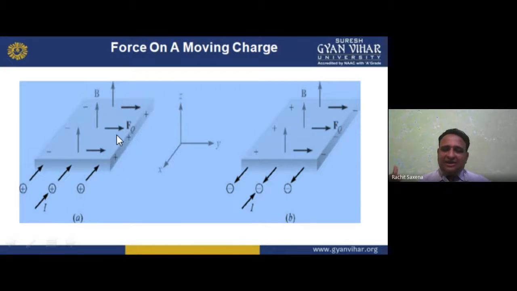So if the current is entering with velocity v, perpendicular to the magnetic field, the perpendicular of these two quantities, the charge velocity and the magnetic field, gives a force. So F is the force. I hope you understand.